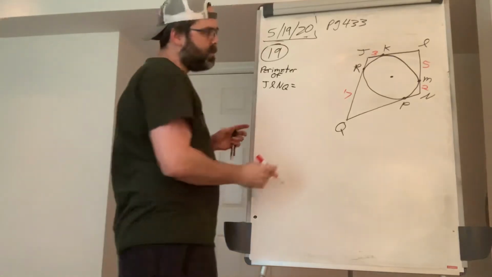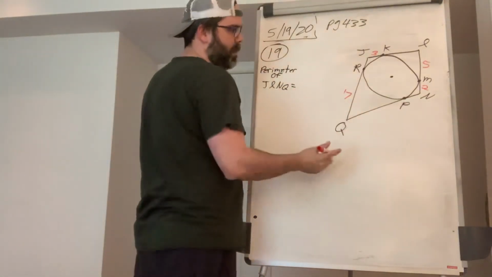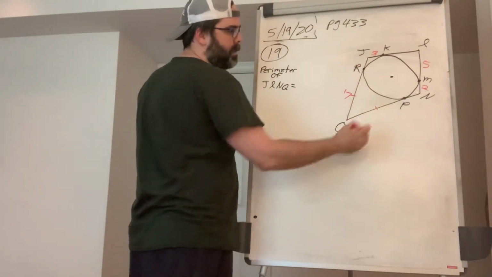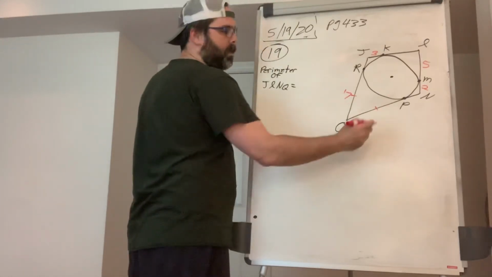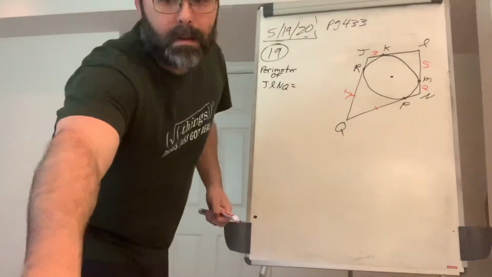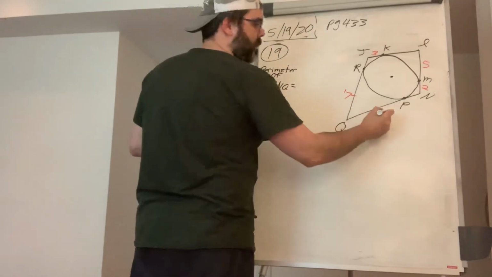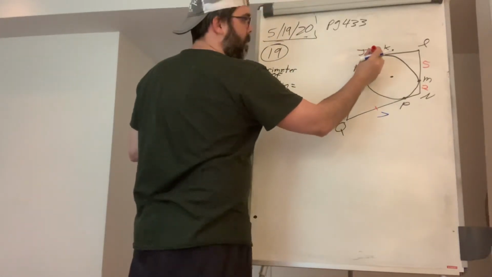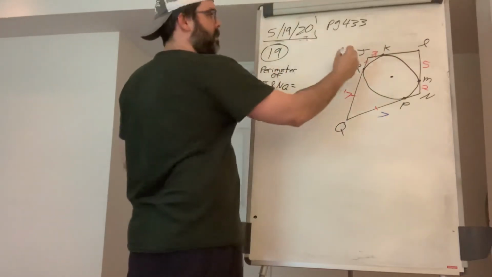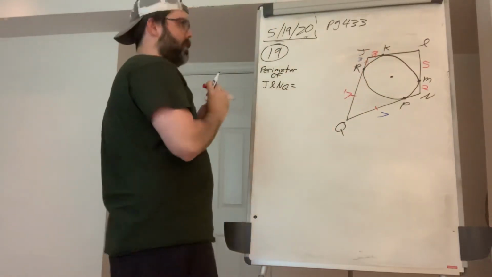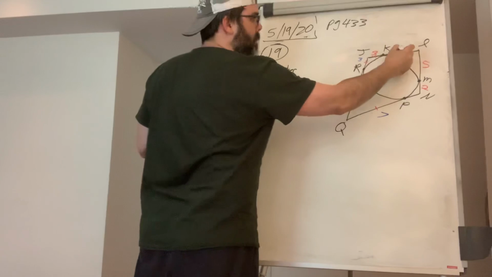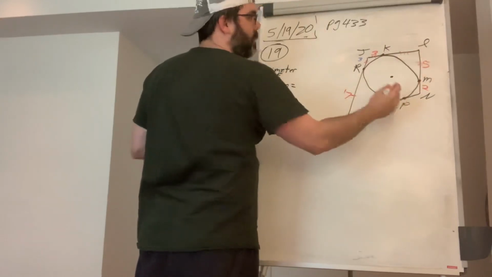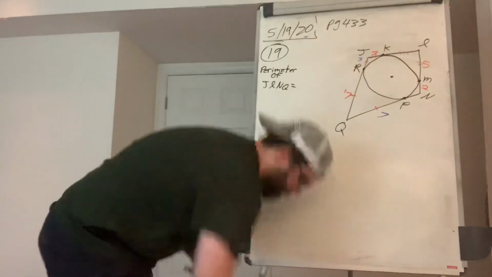So if these are tangents, that means that this is congruent to this. So this is also 7. This is congruent to this, so that means this is 3. This is congruent to this, so this is 5.